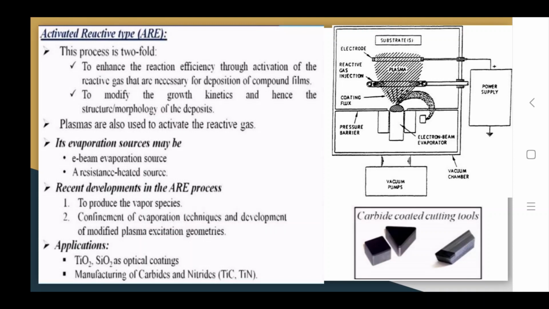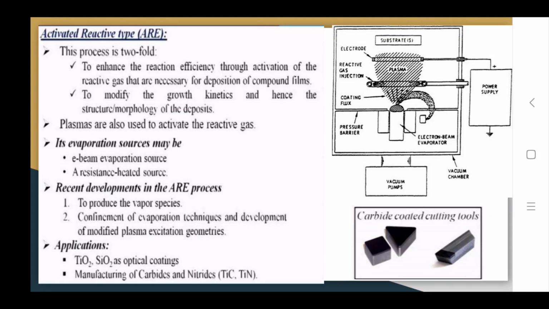So what we generally do is use a cutting tool made of HSS, that means high speed steel, and the tip of the tool can be changed easily. We generally call it an insert. The material is made of titanium carbide or titanium nitride. So these are the applications of this ARE process.